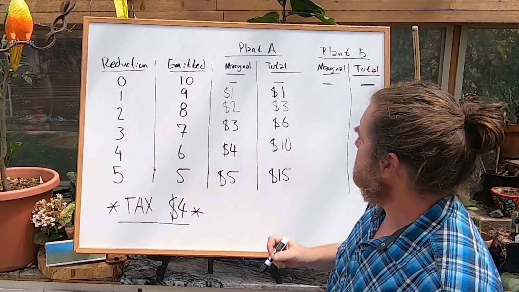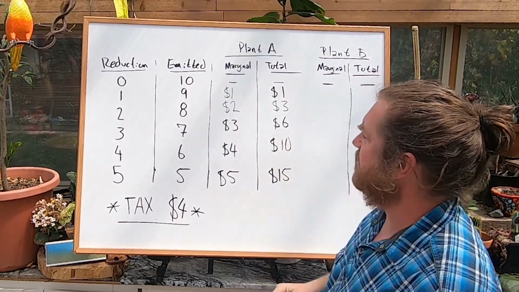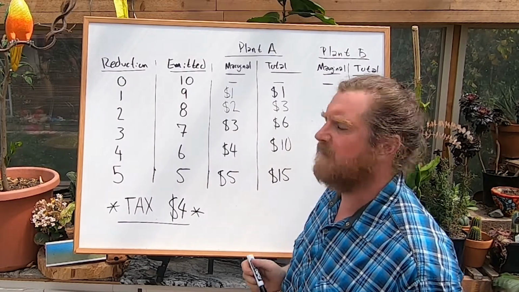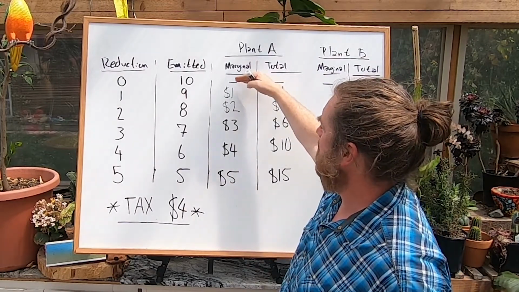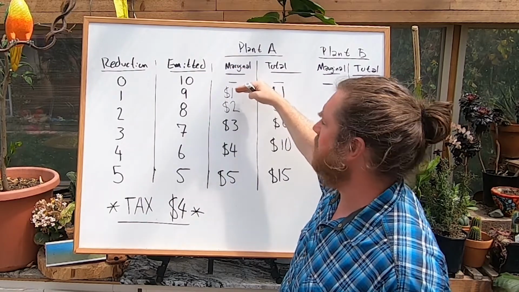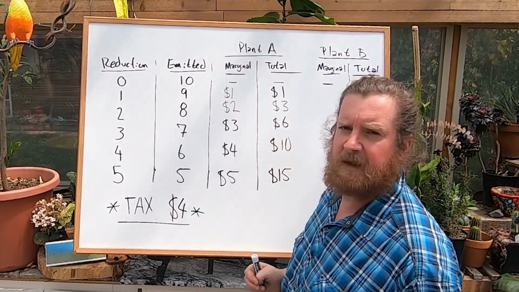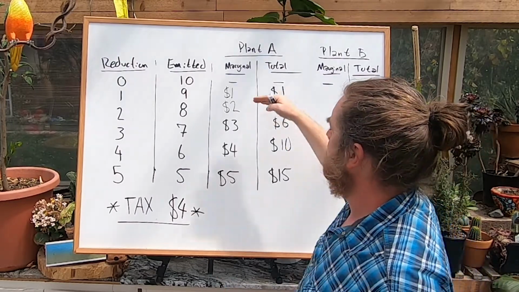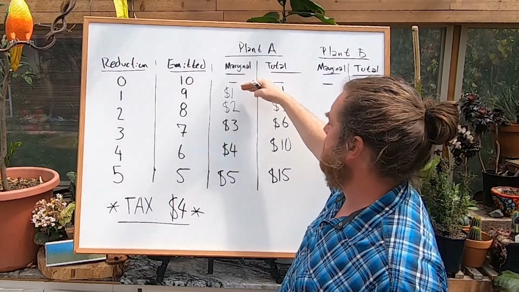So if they spend $1 to get rid of that first ton of CO2, they saved $4, right? So our $4 cost to emit that 10th ton, we paid $1, and now we're emitting 9 tons, right? So we reduced our tax burden by $4. Great, money in the bank.